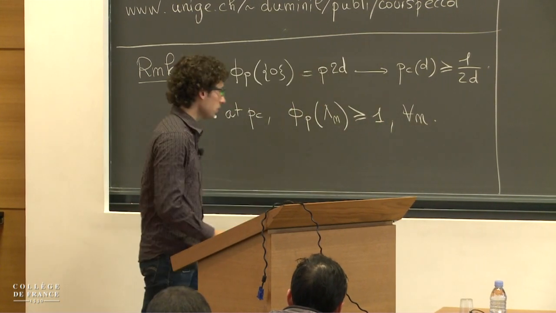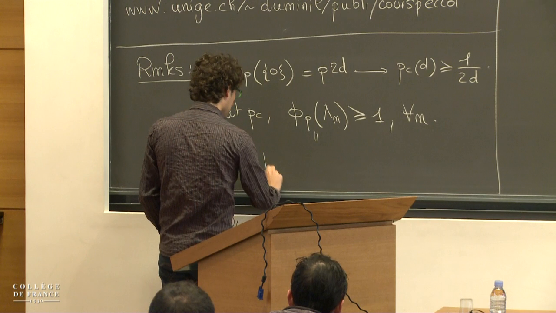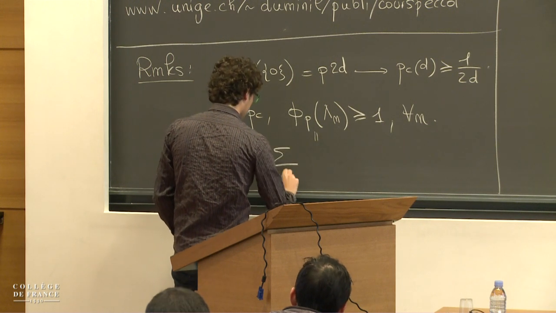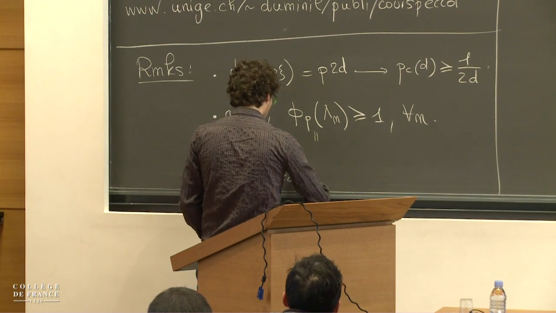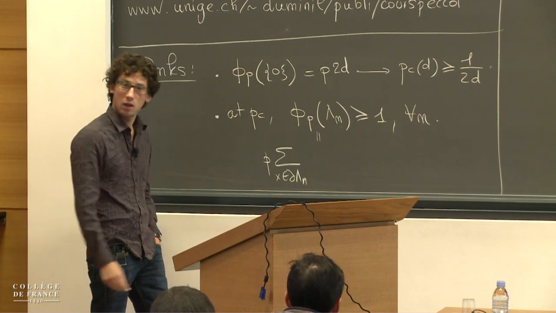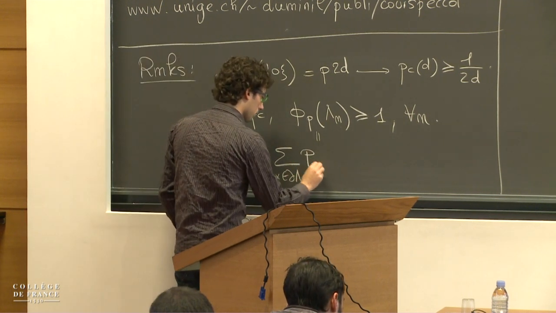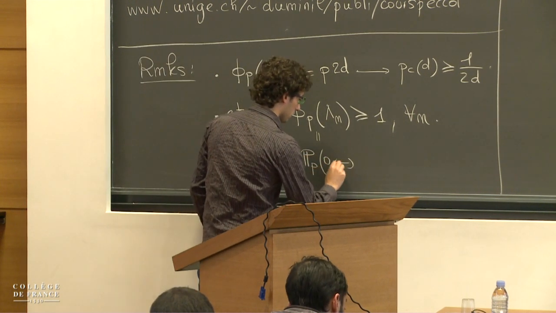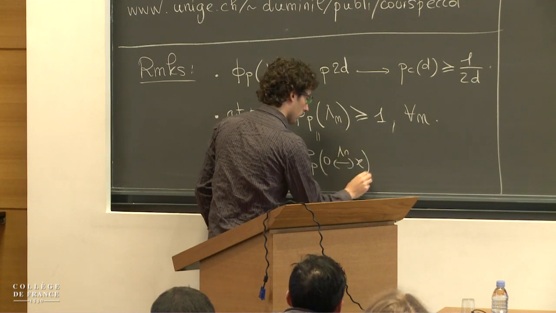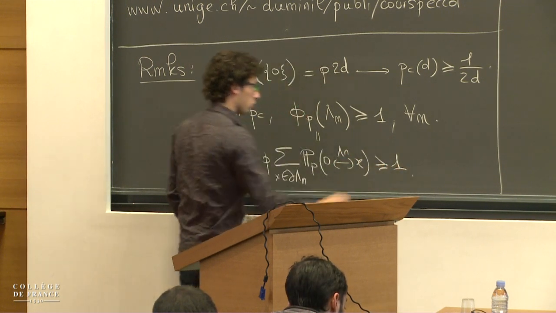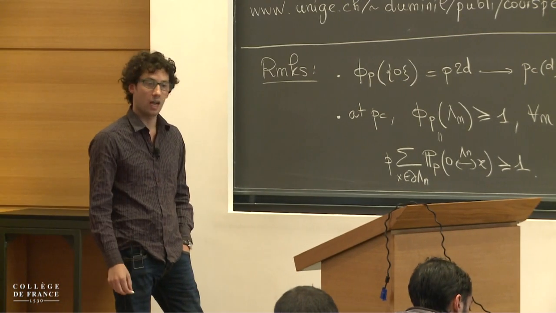So what does it mean? That means that pc times the sum for x in the boundary of the box of size n of the probability that 0 is connected to x in Lambda n is larger or equal to 1 for every n at pc.